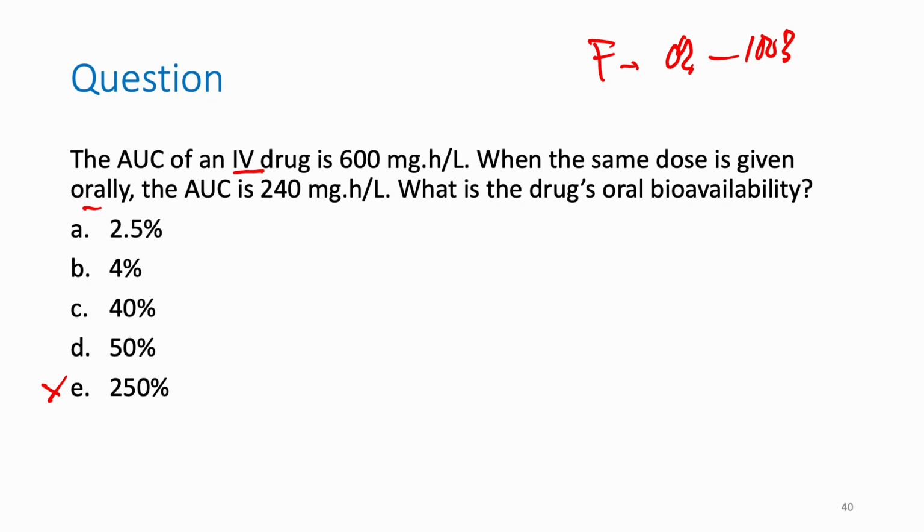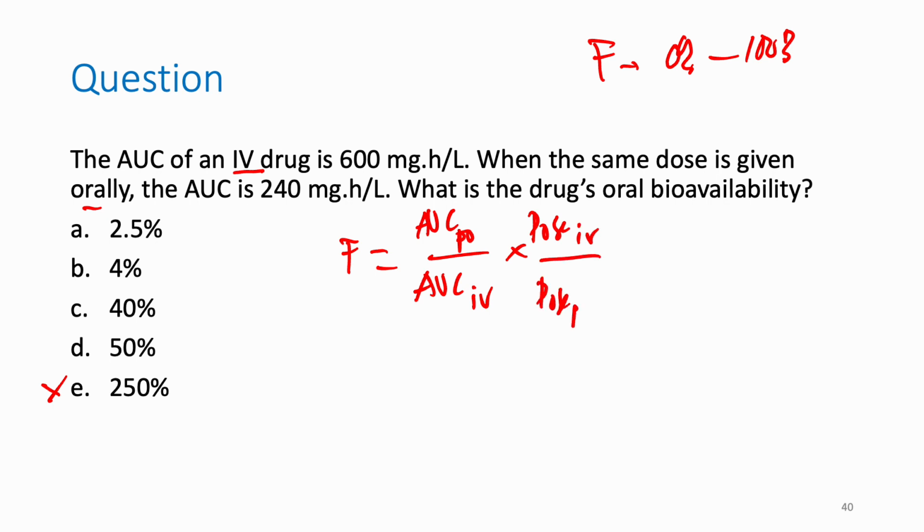So from this concept, you can exclude choice A easily. So now you have the 4 choices A, B, C, or D. To answer the question, you just need to calculate the F. And F, remember, equals AUC of the oral divided by AUC of IV times dose of IV divided by dose of oral. Because the drug had the same dose, you can ignore this one.